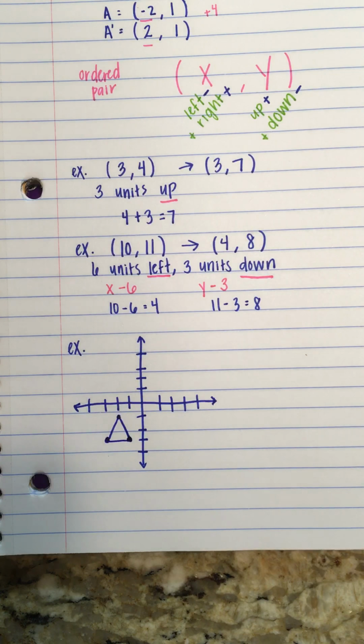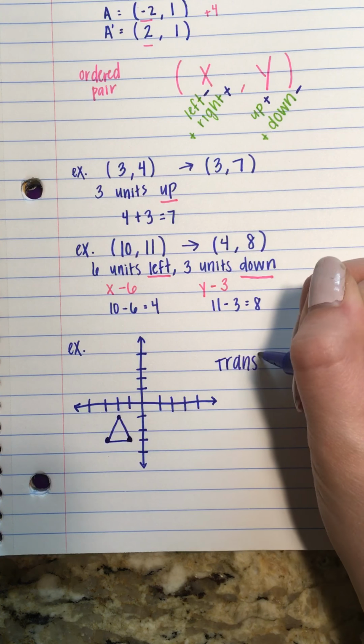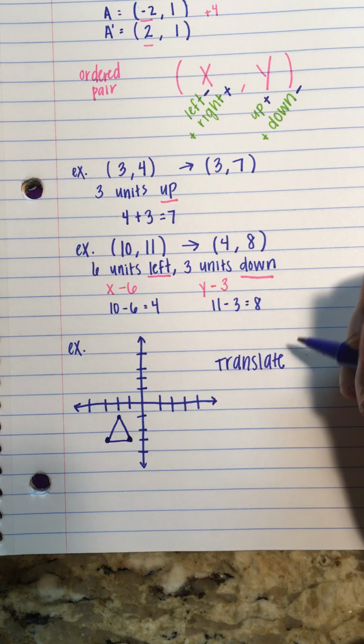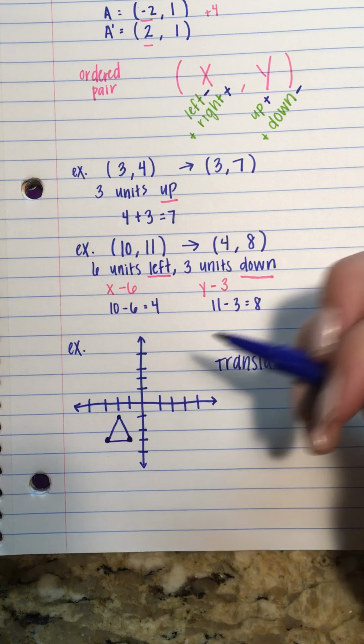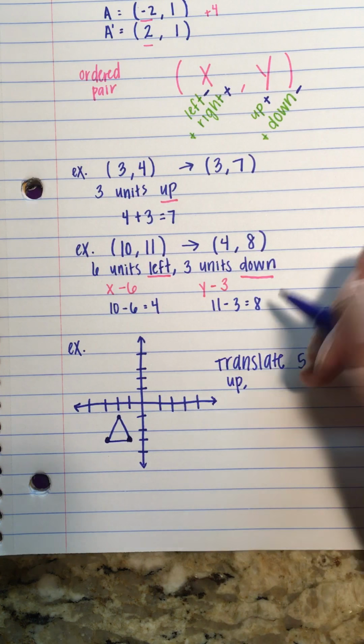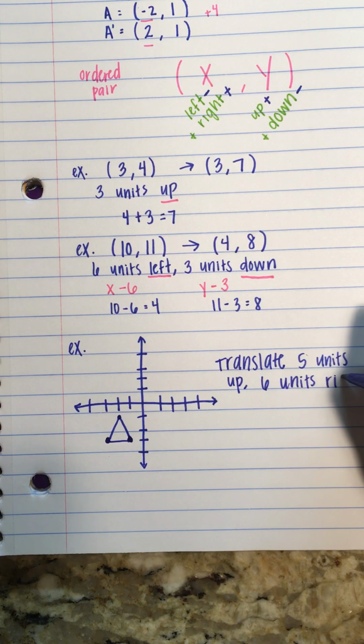Okay, so maybe we need to take this triangle and maybe we want to translate, let's say 5 units up, 6 units right.